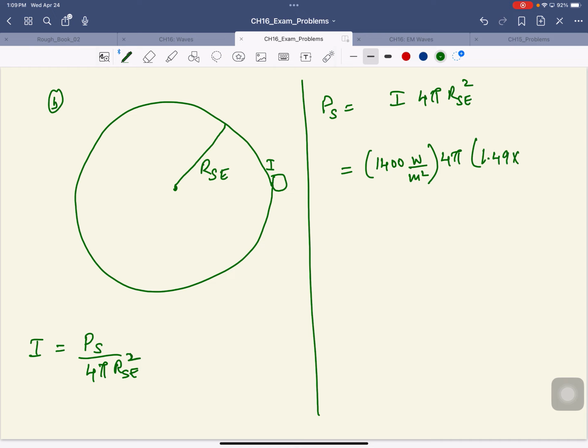1.49 into 10 to the 9 meters. Oh, no, million, 11 meters. Okay, squared.